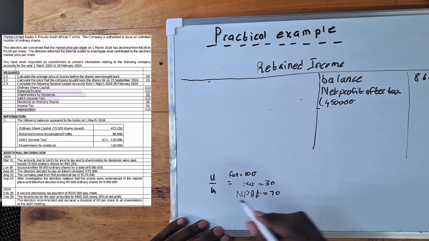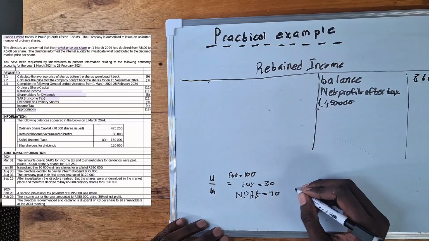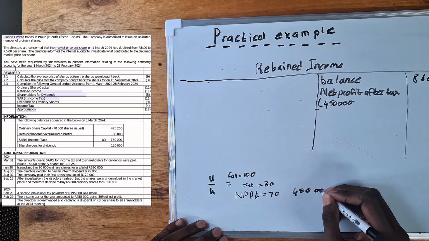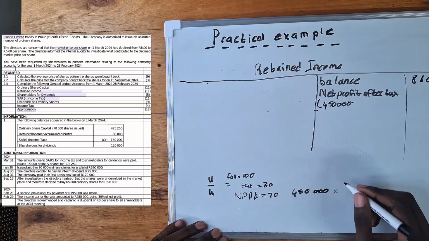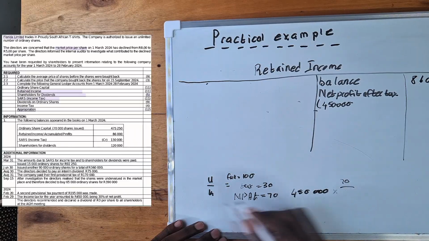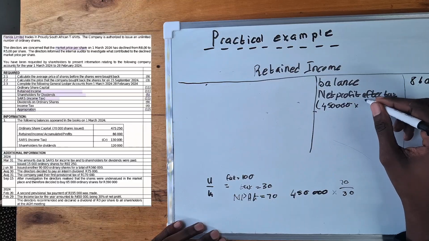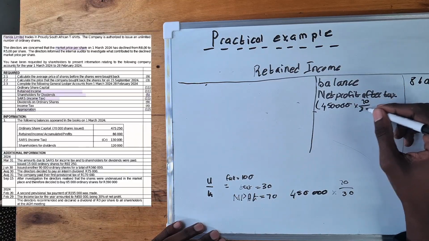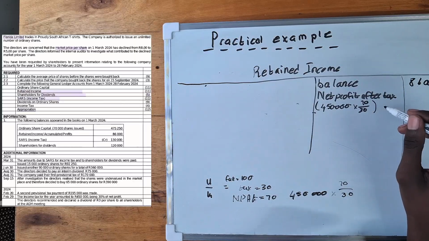So we use the unknown over the known method. So here we have 450,000, right? Now our unknown is the 70%. Our known is the 30%. Then after we plug this in, just write it here also. Make sure to write your calculations, guys. And if you can't write your calculations here, always make sure to indicate something.